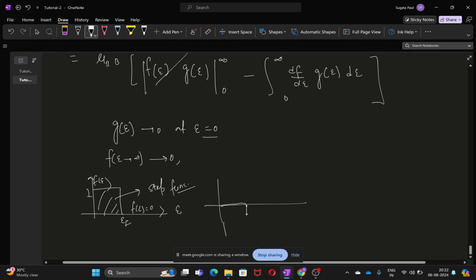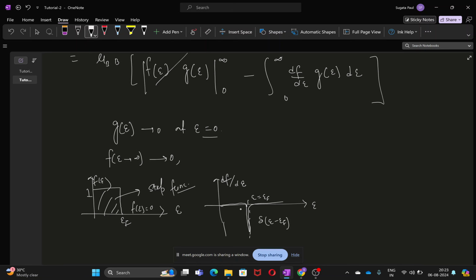So the derivative df/dE, if you plot it with respect to E, will be a negative delta function, delta of E minus EF, because the Dirac delta peak occurs at E equal to EF. Except at E equal to EF, where it shows a sharp peak, at all other points away from EF the value is 0.